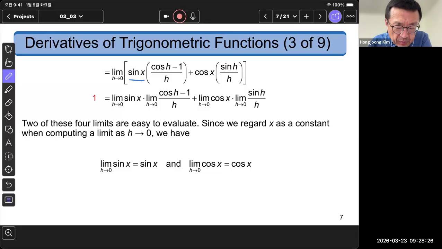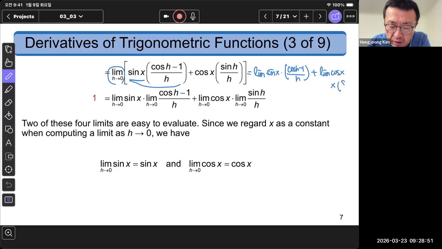So the limit of two functions can be written as the limit of sine x times cosine h minus 1 over h, plus the limit of cosine x multiplied by sine h over h. So the limit of the sum of two functions can be computed as the sum of two limit values.